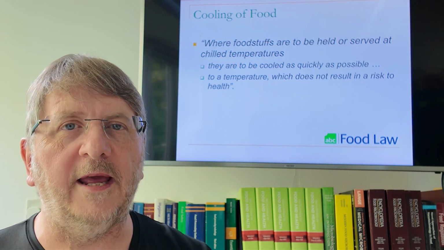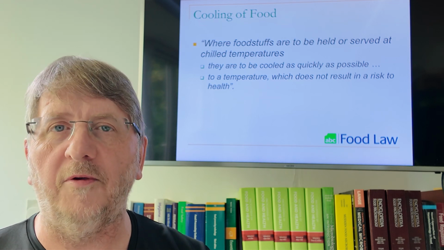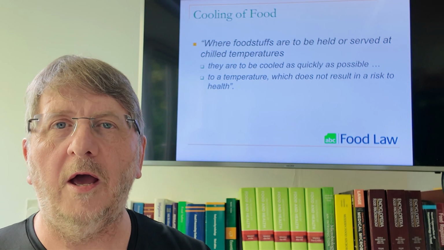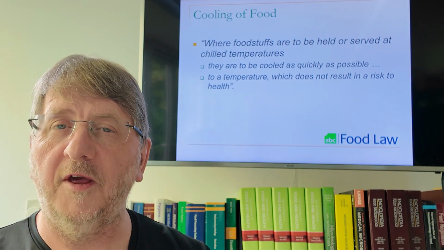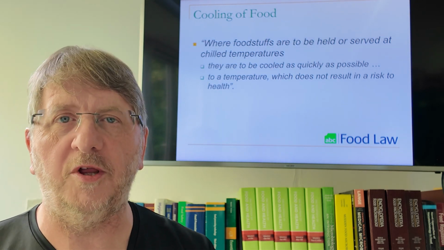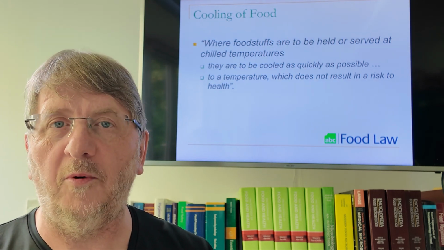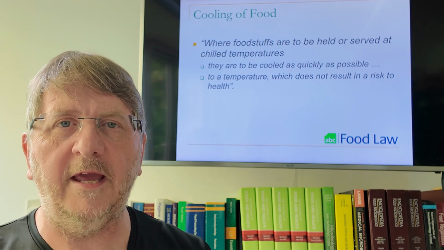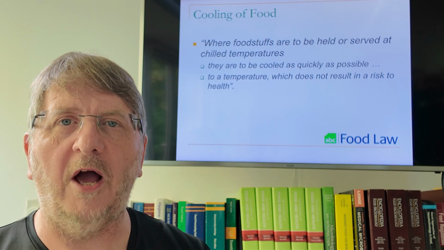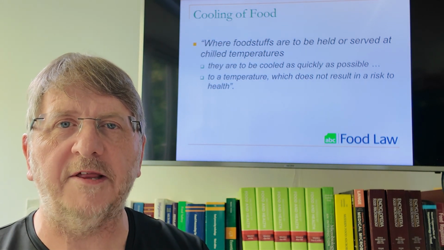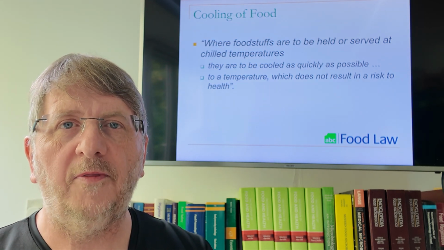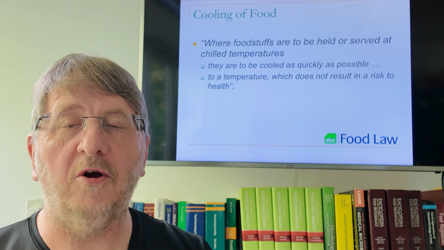Cooling quickly is prescribed because, as you may be aware, certain food poisoning bacteria might produce spores whilst going through a cooking process. Clostridium perfringens, for example, will produce spores in things like meat stews. If you're making a meat stew, you're heating it up, and the bacteria forms a spore, like a protective shell around the bacteria whilst it's hot. But as the temperature drops, the bacteria can germinate and start growing.